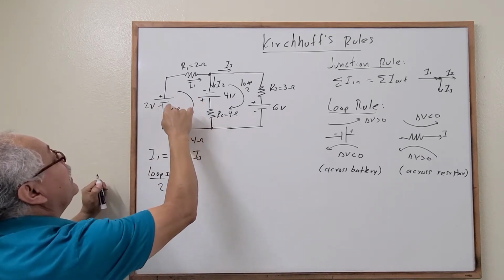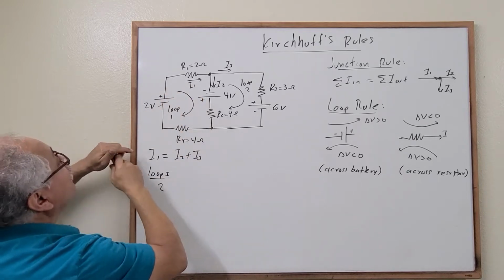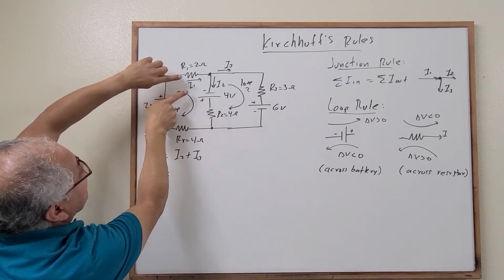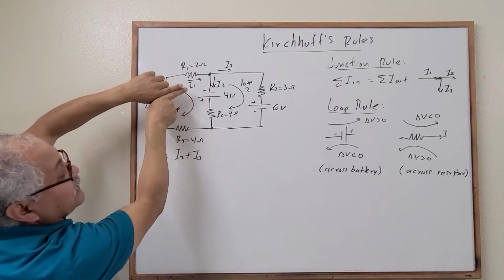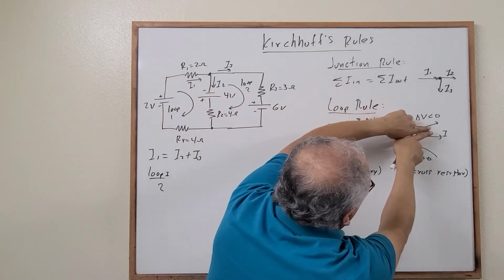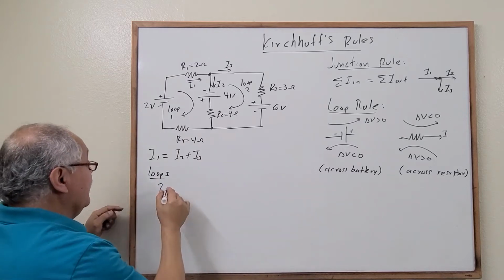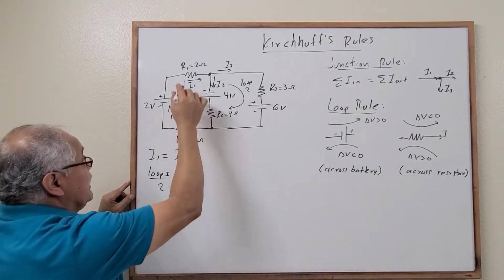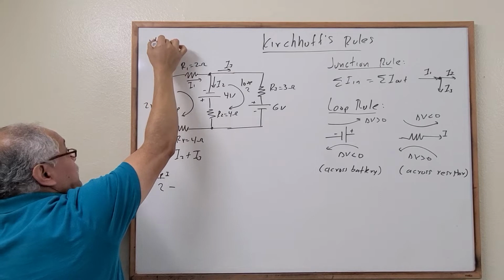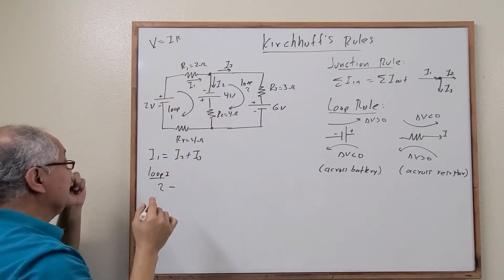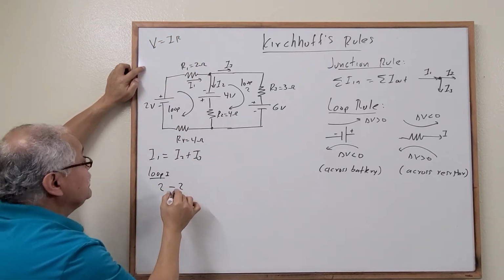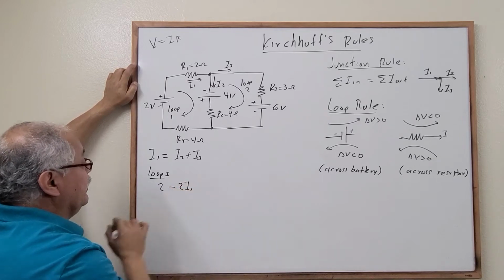We're going around, and we are right here. The loop and the current are parallel. When the loop and the current are parallel, the voltage drop is negative. In this case we use Ohm's law, voltage equals current times resistance. So the voltage drop is minus 2 times current 1.